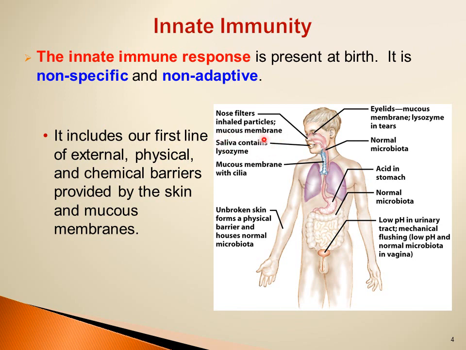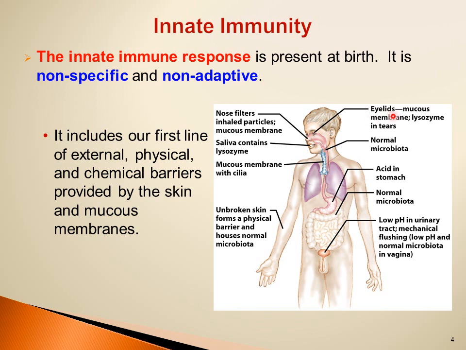Saliva contains lysozymes that can kill bacteria. The mucous membrane in the airways, with the help of mucus and cilia, can propel the pathogens outside the airways. The intact skin forms a physical barrier and houses normal microbiota that compete with pathogenic bacteria, so this microbiota will prevent the multiplication of the pathogenic bacteria on the skin.